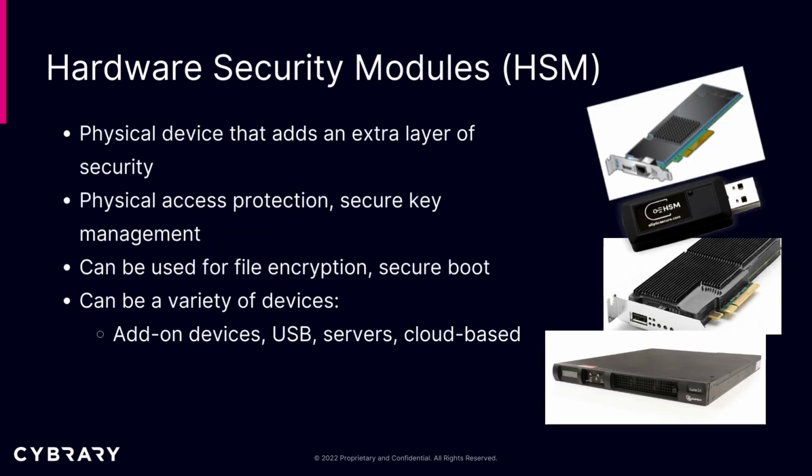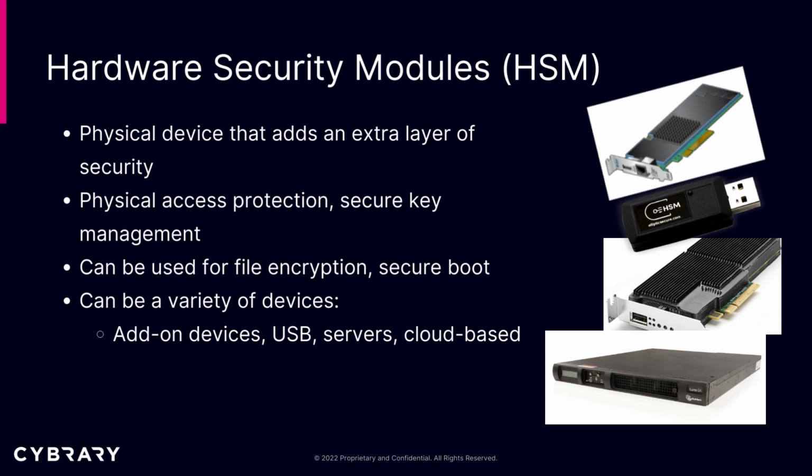Also, there are hardware security modules. Hardware security modules are physical devices that add an extra layer of security to your computer. They provide physical access protection and secure key management. They could also be used for file encryption or even secure boot. Hardware security modules come in a variety of different devices.